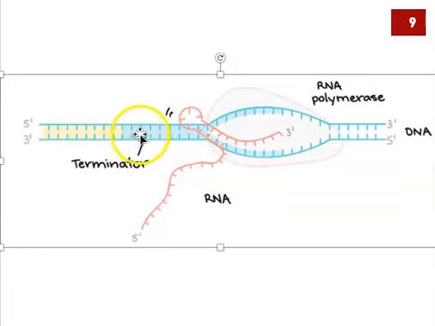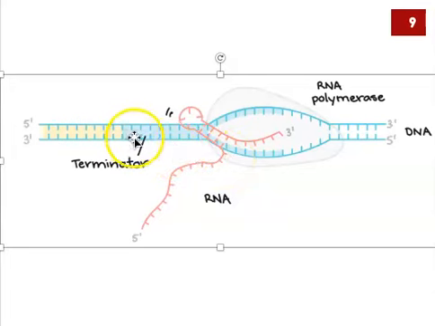The bases in the DNA that are found in this termination signal, all the way along this blue area, the bases in the DNA are in such a particular order that the RNA that gets made from it will fold back on itself in this region. And that's what they're showing us in the picture.